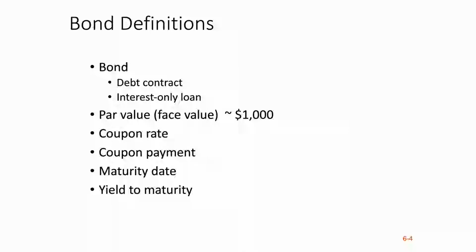Now, a bond has a maturity date, depending on how long the bond is. The interest rate, particularly the market interest rate of a bond, is called yield to maturity, YTM, which is the market rate.